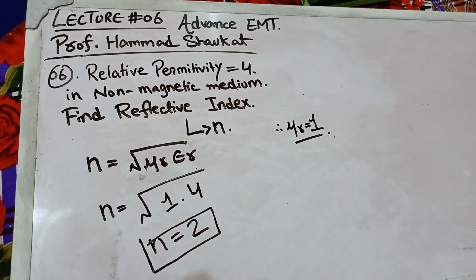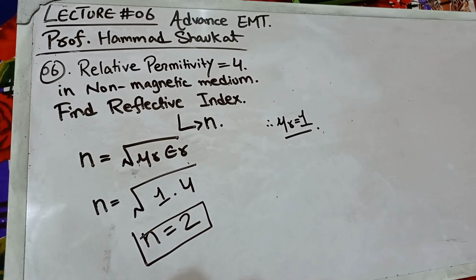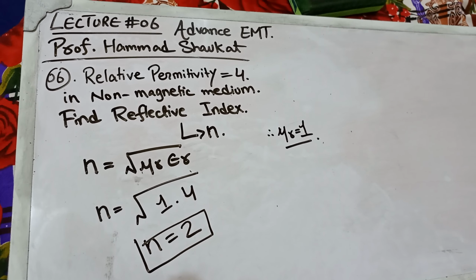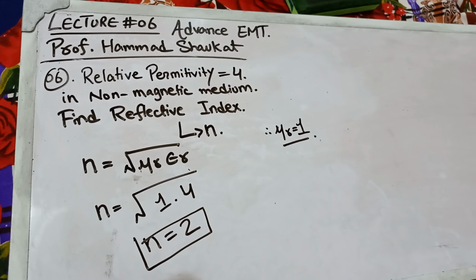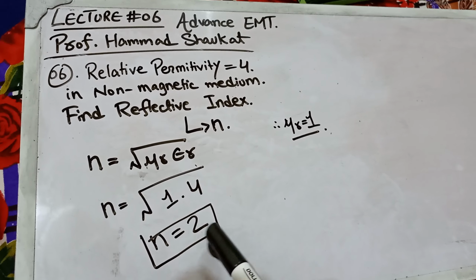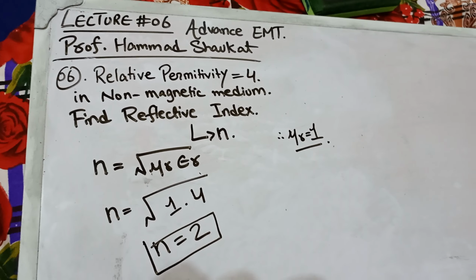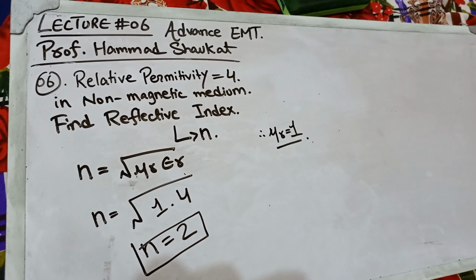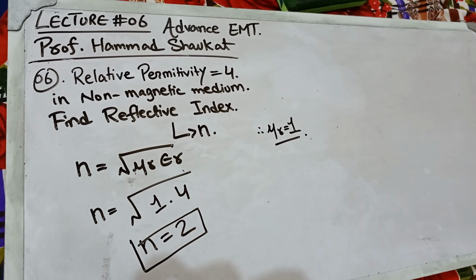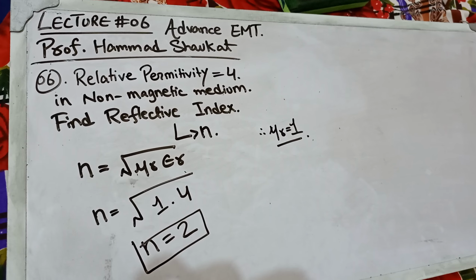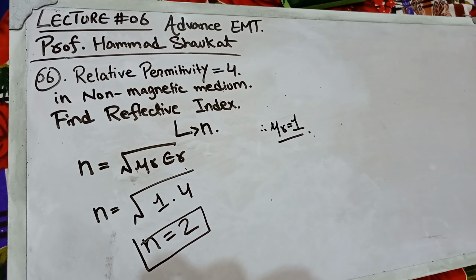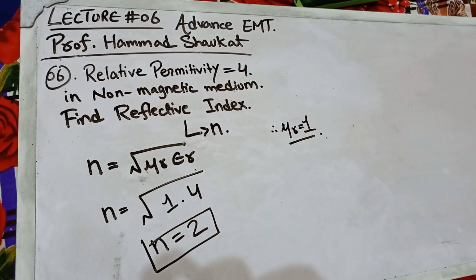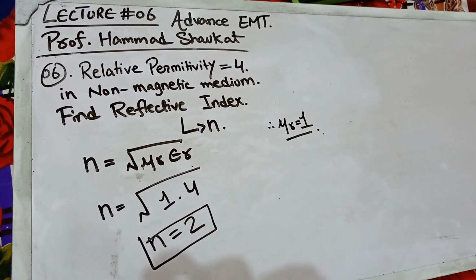So you can conclude that if your relative permittivity is 4, the refractive index is half of it, equal to 2. If your relative permittivity is 10, then your refractive index should be half, that is 5.